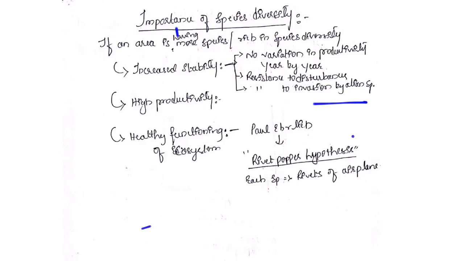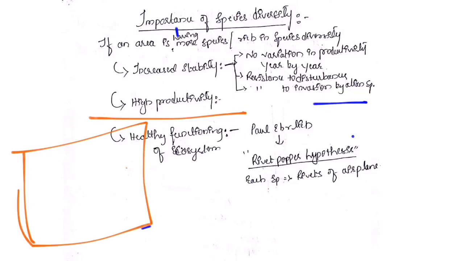So first one is increased stability. How is a habitat said to be more stable? There should be no variation in the productivity year by year. Resistance to the man-made and natural disturbances. Resistance to invasion by alien species. And next one is higher productivity. If an area is having more species, then the productivity will be more.